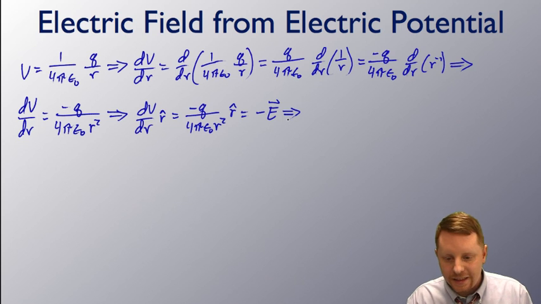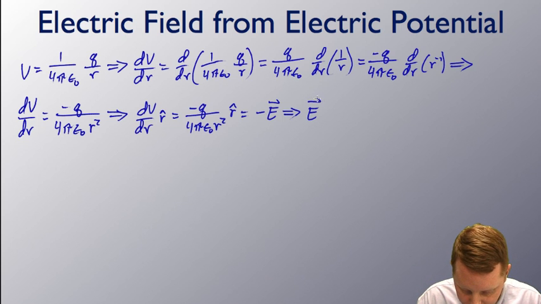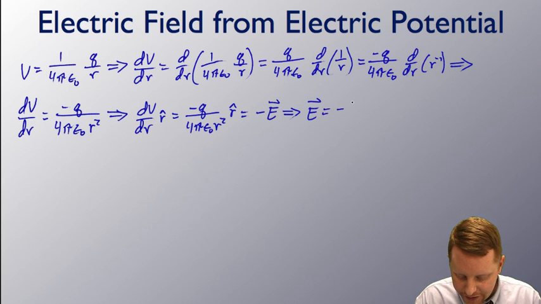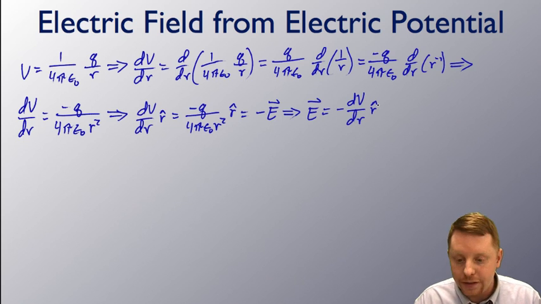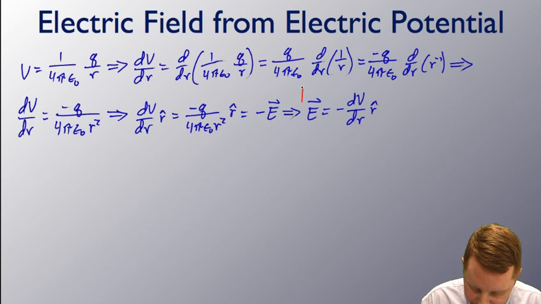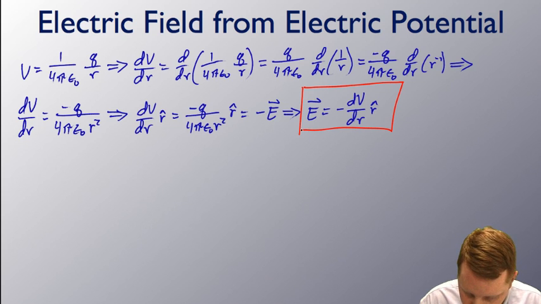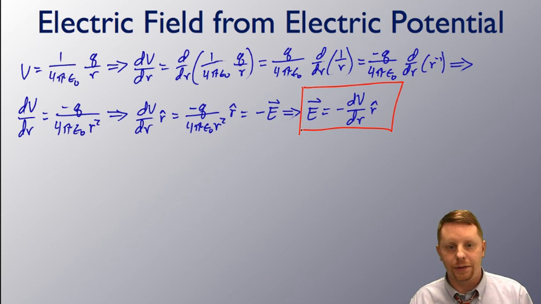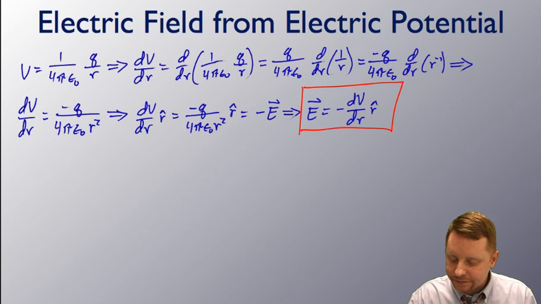So we can say then that the electric field vector is equal to minus dV dr in the direction of r hat, the electric field from the voltage function. That's going to come in useful later on.